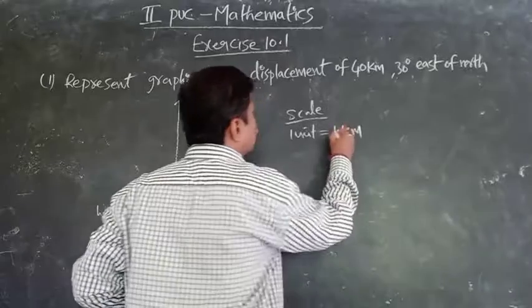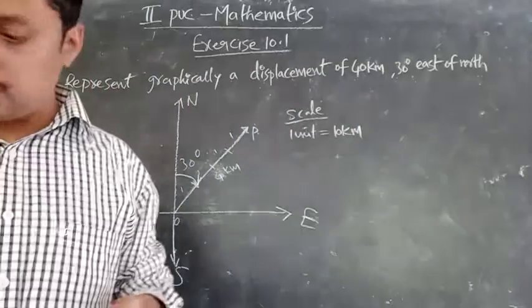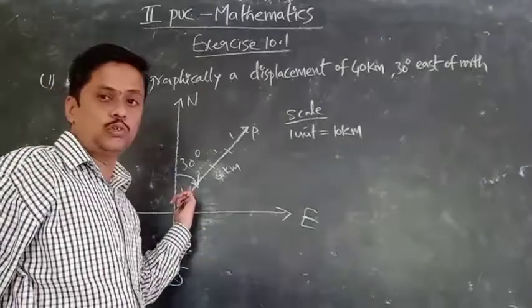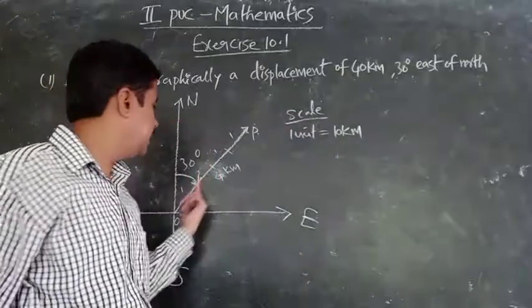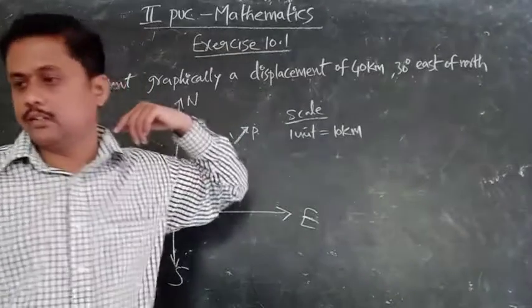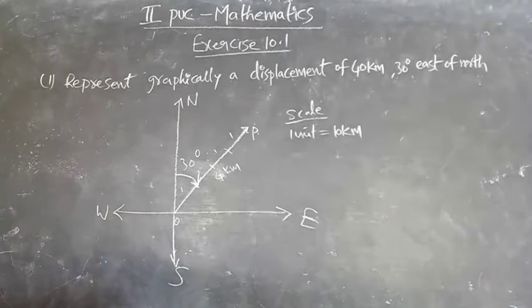So 40 kilometers: 10 plus 10 plus 10 plus 10 is 40 kilometers. Very easy. Like that we have to represent it. Another one I will give as homework for you.